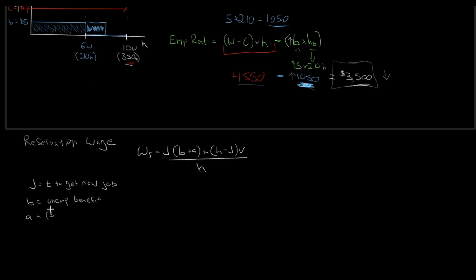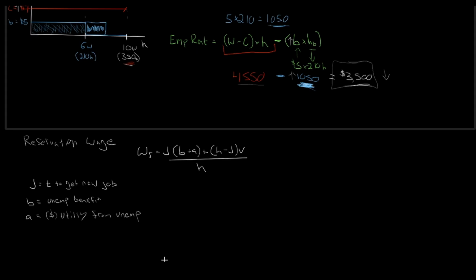A is, in dollar terms, our utility from being unemployed. If we are unemployed, do we get utility? Right, you get to sleep in, perhaps. You don't have that need to commute into the office. You don't need to put in the effort to work. So maybe there is some utility to being unemployed. Now, mind you, there may also be disutility from being unemployed.